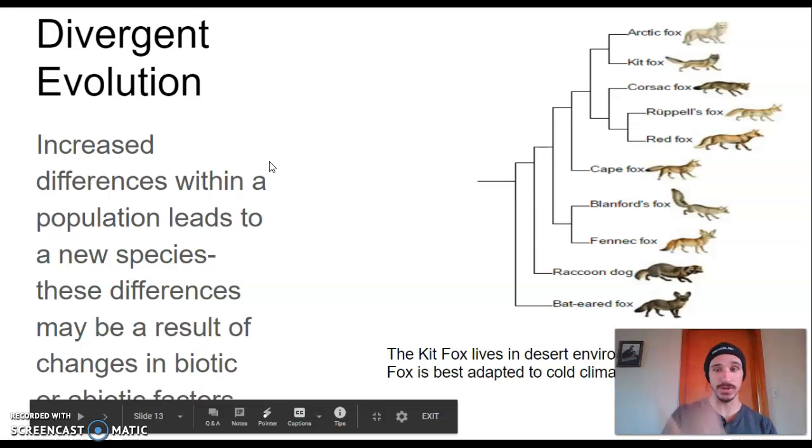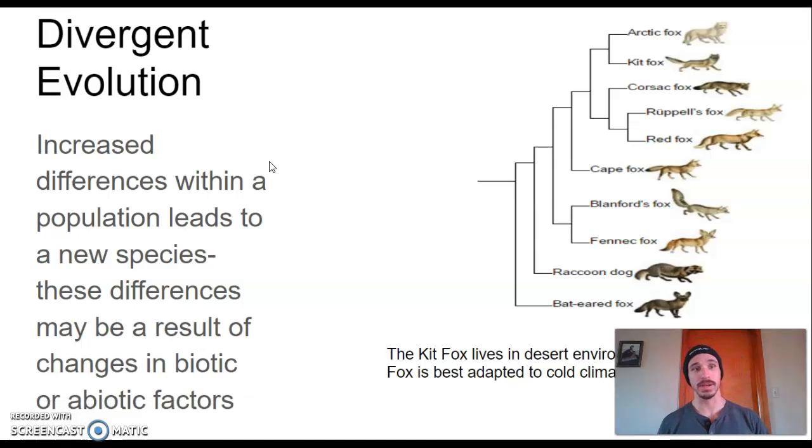Now, then you have another relationship in evolution called divergent evolution. To diverge means to spread apart or to get further apart from each other. So increased differences within a population leads to new species, right? Think back to that deer population I showed you on the slide for the definition of population.